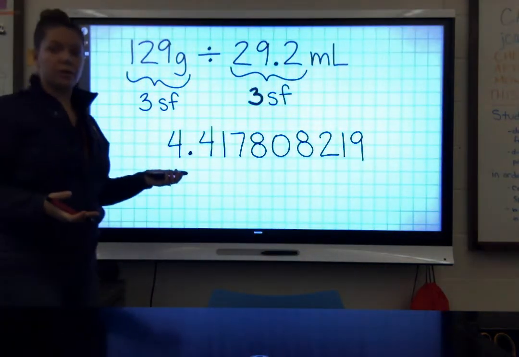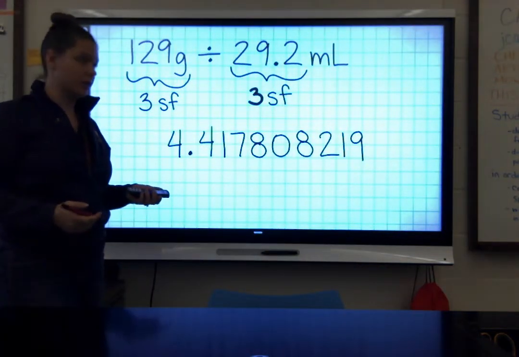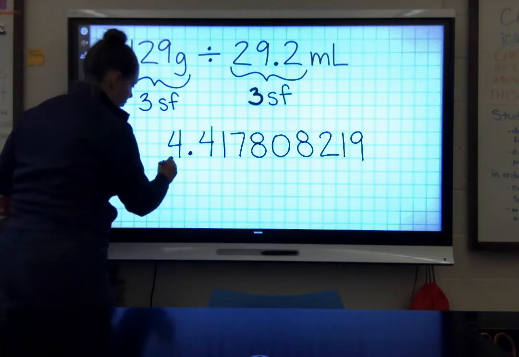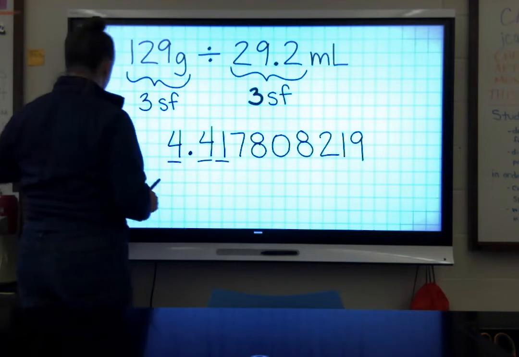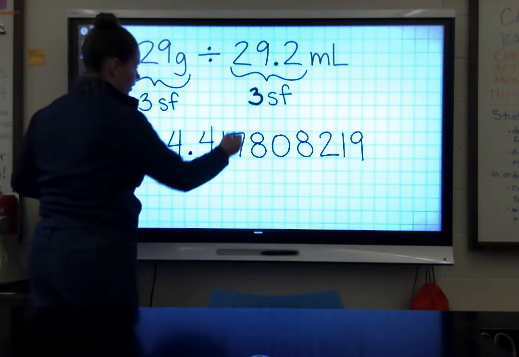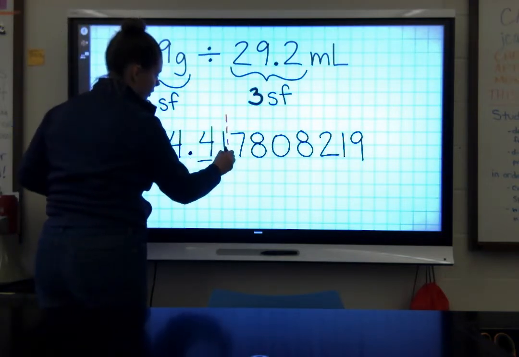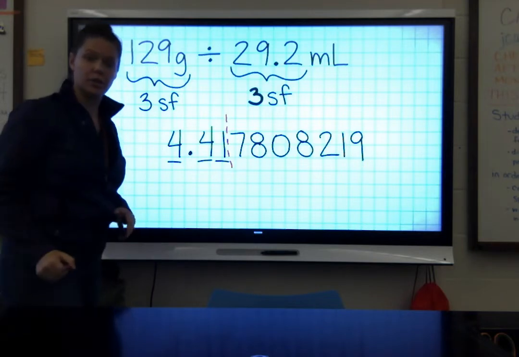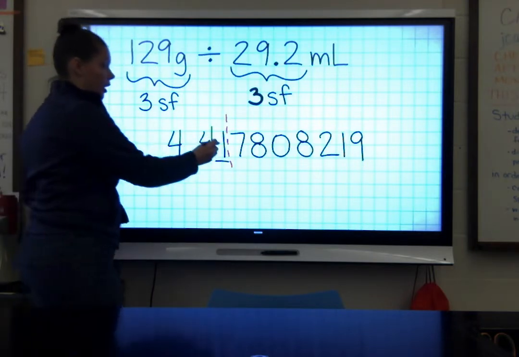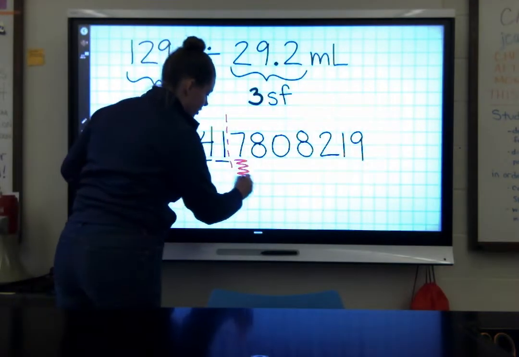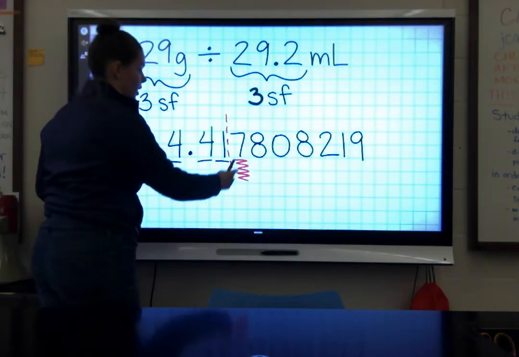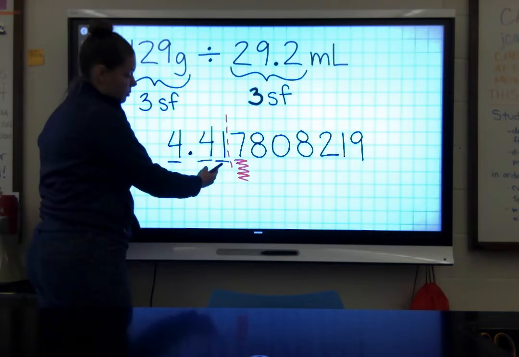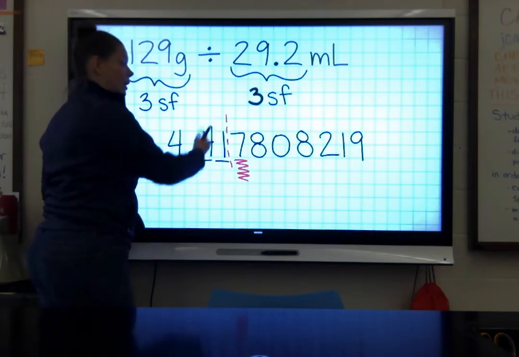And if we're going to round this to 3 significant figures, we just start from the beginning. We have 1 digit, 2 digits, and 3 digits. We're going to cut off all of our numbers after the 3rd significant figure. But because this number here is 5 or higher, that means we need to round the last number we have before we cut it off, round it up 1.